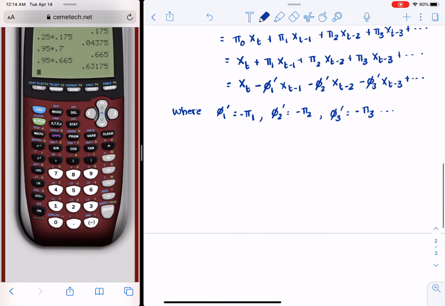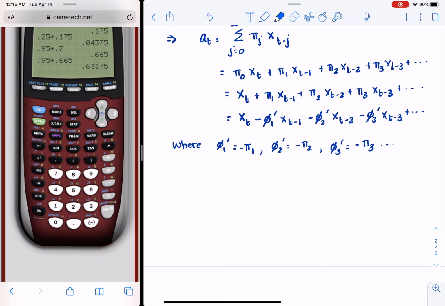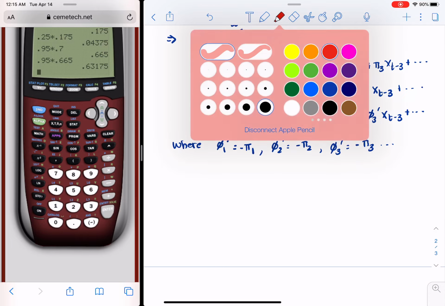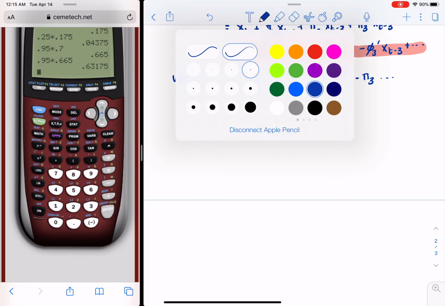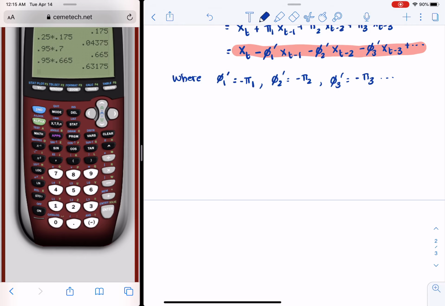Now, if you look at the model that we have here, that is an AR model. Even though it is AR infinity, in other words, it has infinite terms, in order to estimate an ARMA 1-1, we simply need two equations.